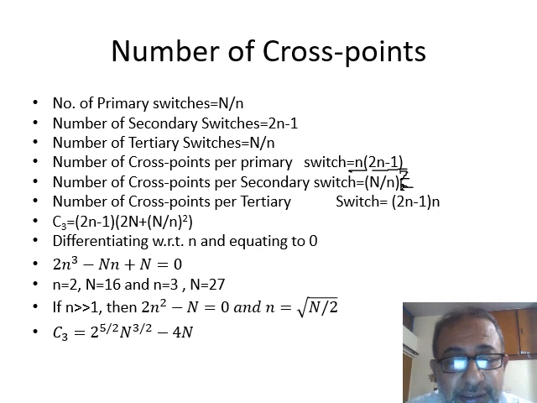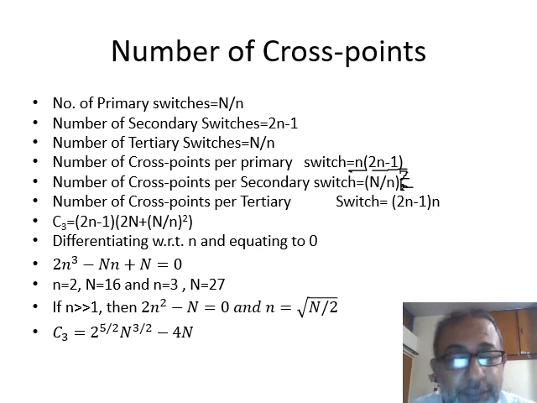But if we see from this equation that small n is very large, then what would happen? The capital N part of the above equation, 2n cube minus n into small n plus capital N is equal to 0, can be neglected.